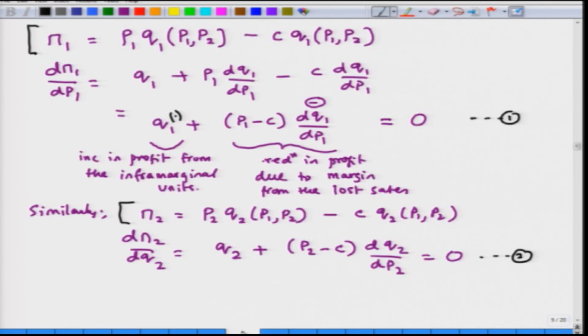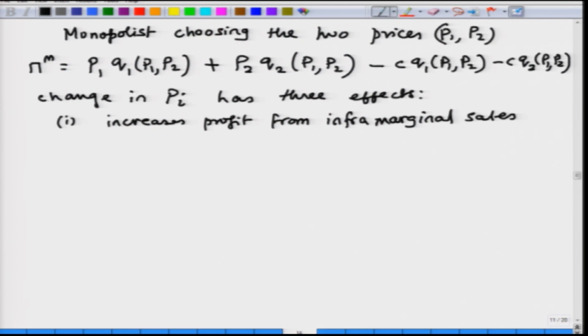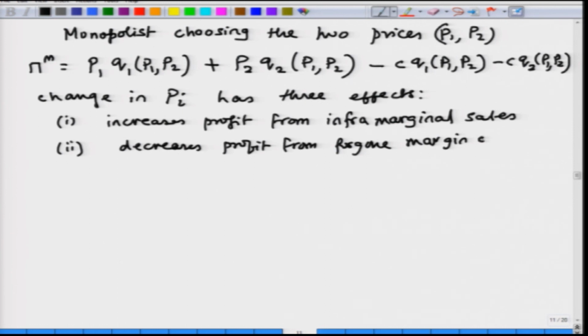So, we had the first condition, which is that an increase in P1 leads to an increase in profit. These were the inframarginal sales. The second condition is that an increase in P1 leads to a reduction in the quantity of its own product. So, I lose the margin from the lost sales, right. So, it decreases profit from foregone margin on lost sales.